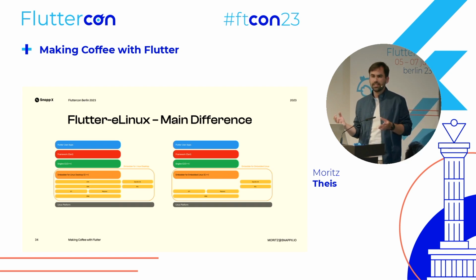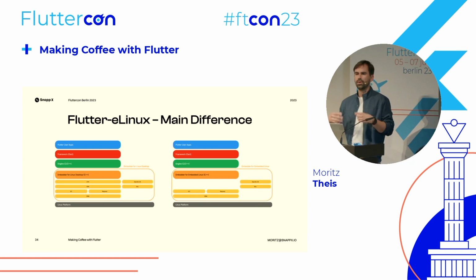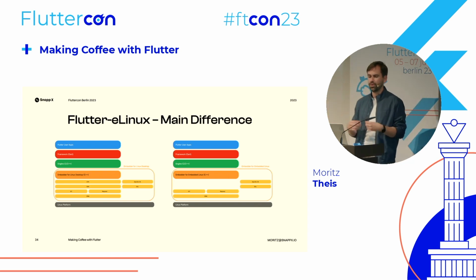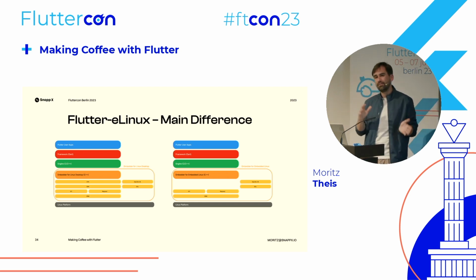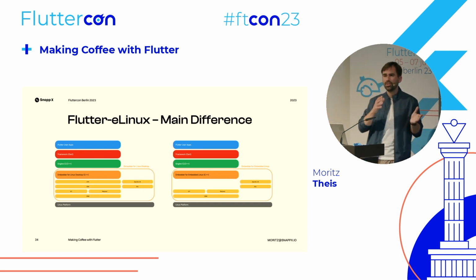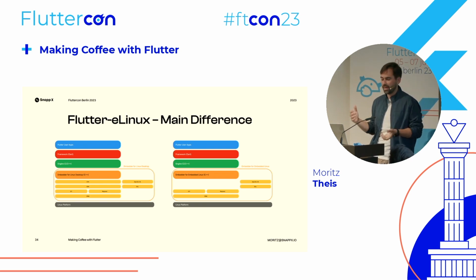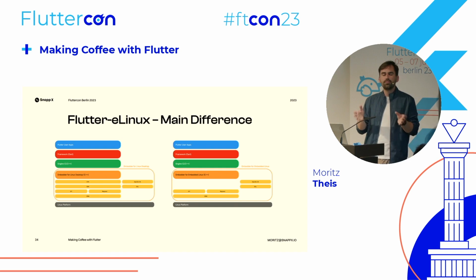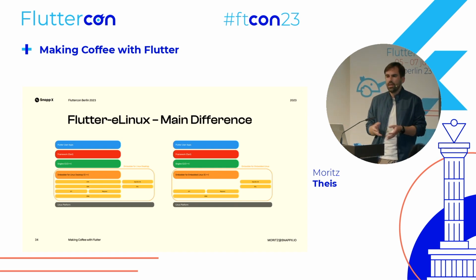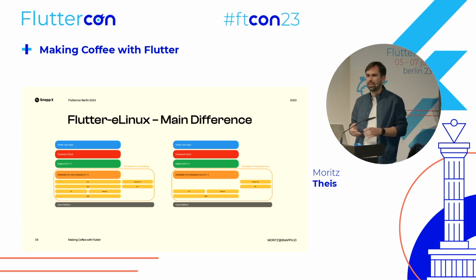That means if you want to build something for the embedded world, for industry or production ready, you don't really have a choice. You have to go with not the original Flutter embedder, but something like the eLinux embedder by Sony. If you just want to run it on a Raspberry Pi with Raspberry Pi OS, use normal Flutter. We tested it, it's written in the article, and performance-wise it works like a charm. It's great, awesome.